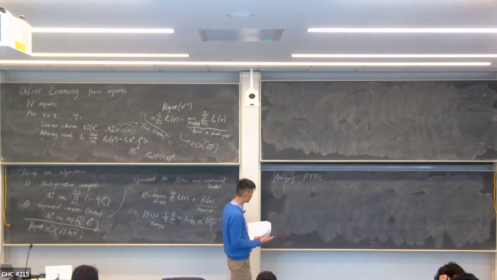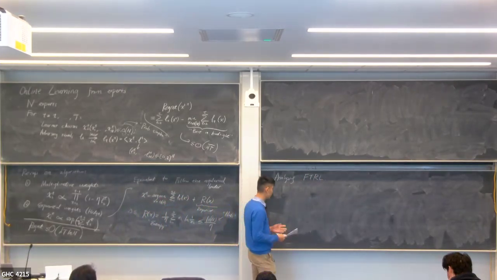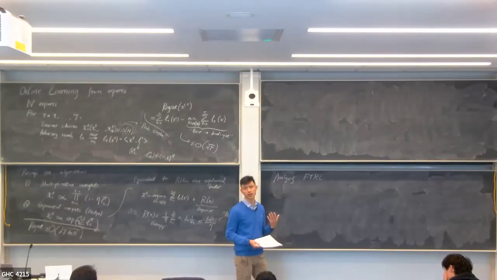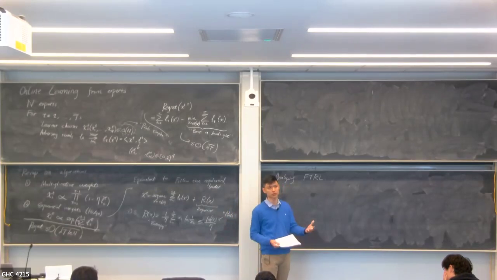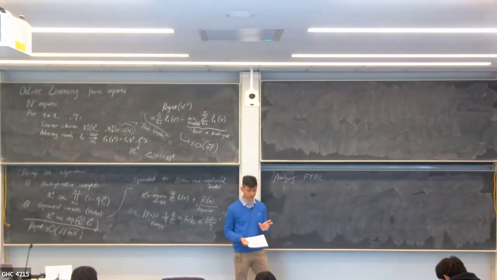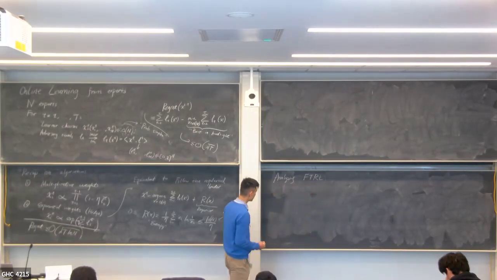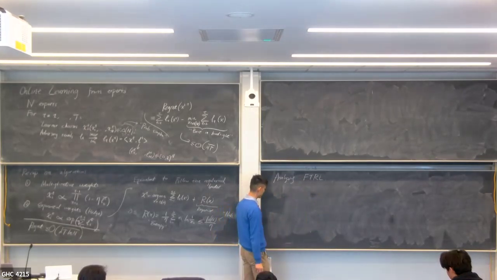So I want to give you a proof sketch to show where that idea of stability comes in. And as a counterexample, you will see why something like follow the leader wouldn't work, but follow the regularized leader somehow can handle the stability. So that will show up inside the proof sketch.